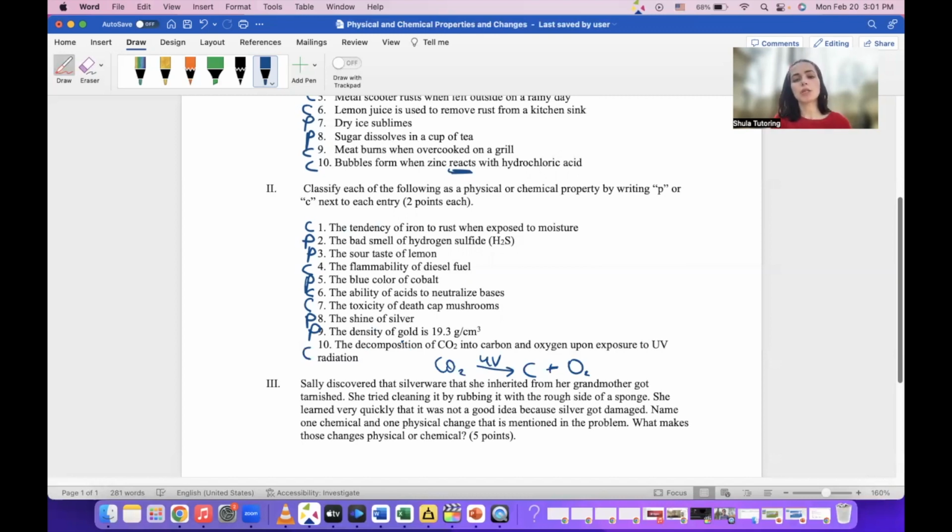So that new substance has a different chemical composition. It doesn't retain its original chemical composition, it's changing it. Whereas for physical properties, like for example, smell, taste, color, shine, density, we take the substance by itself, it's not changing its chemical composition, and it's displaying this property.